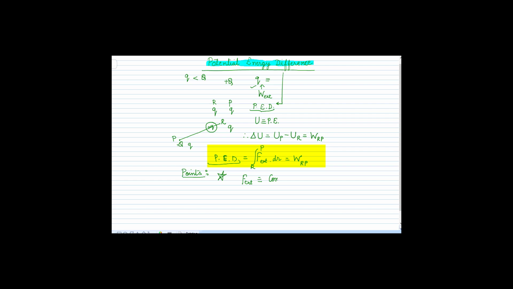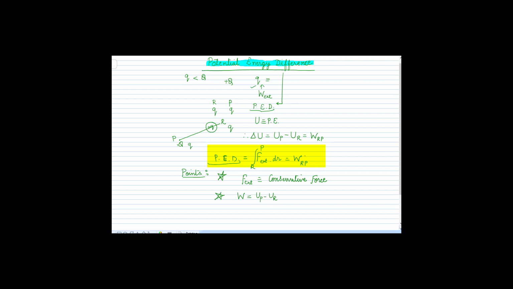This is always a conservative force. Conservative force means the work done by the force does not depend on the path chosen. That means it depends only on the initial and final position. The external force is a conservative force. That means it will depend only on the initial and final position, and it is independent of the path taken.